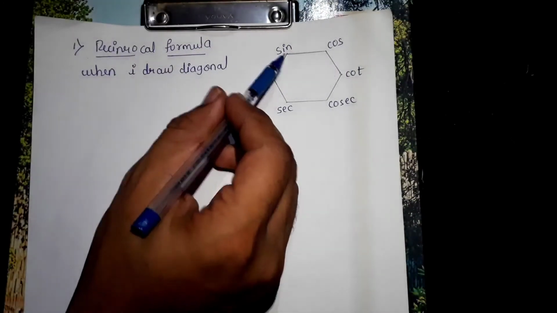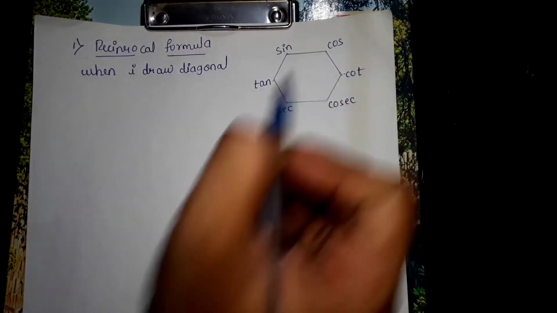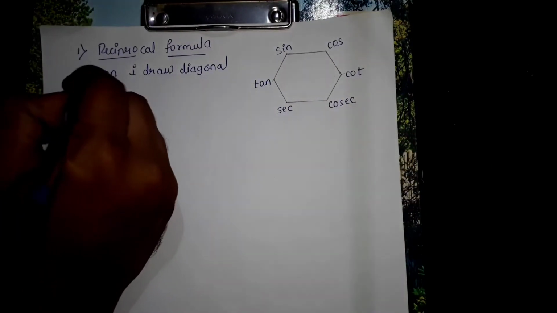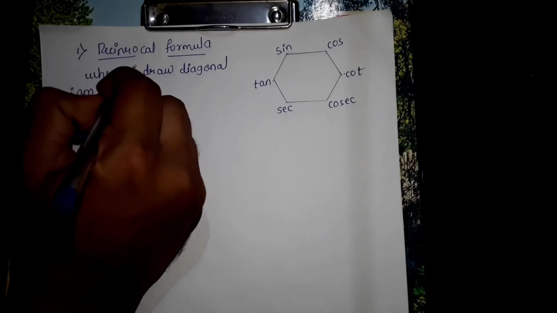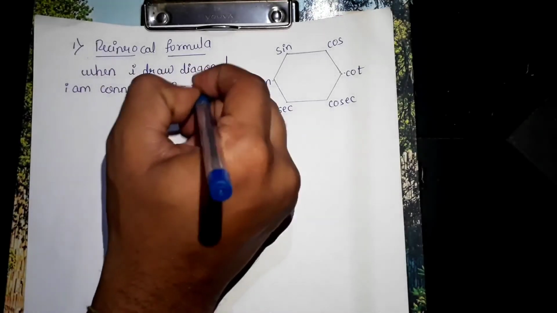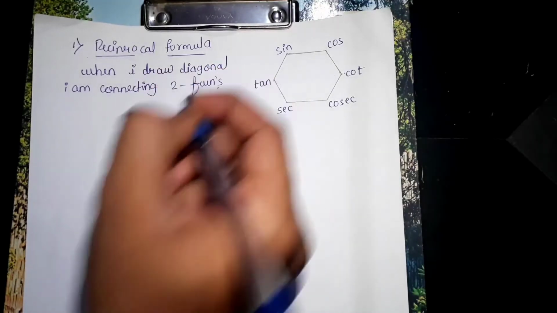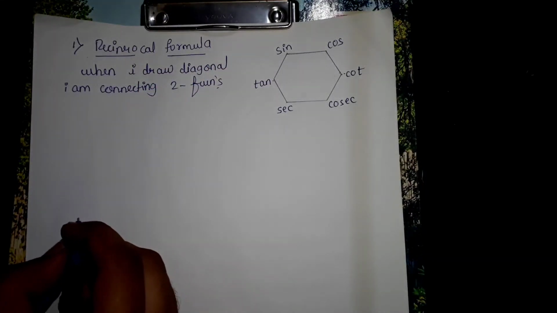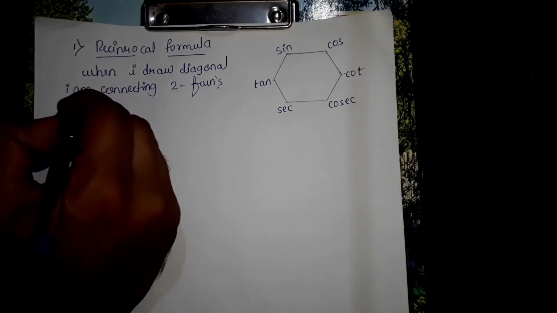It means when I draw a diagonal, I am connecting two functions. These two functions will be reciprocal to each other.